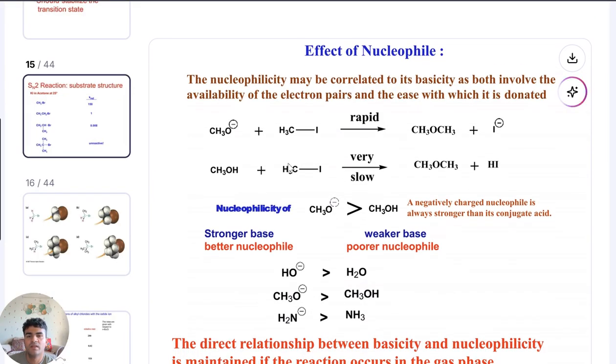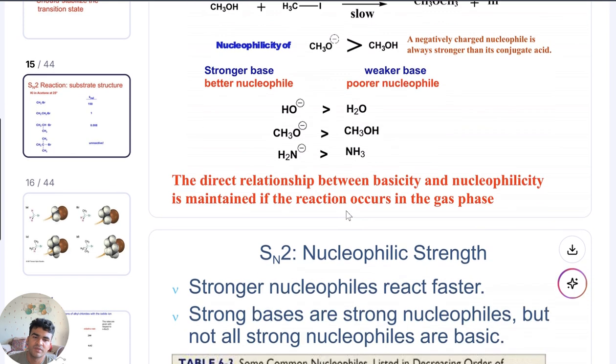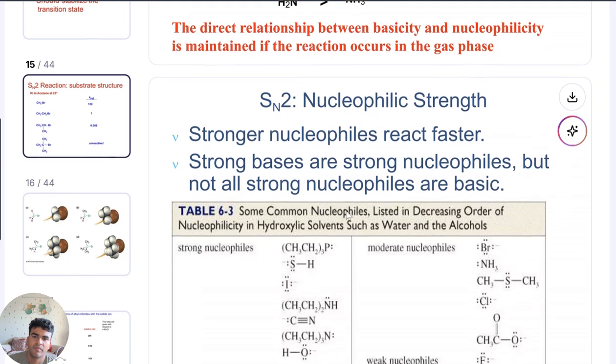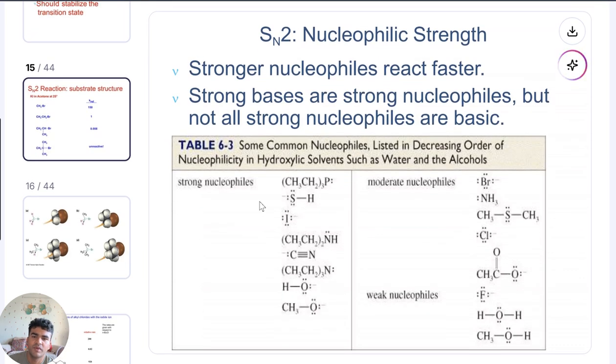Then again, effect of the nucleophile. With the alkoxide OCH3 group, the reaction will take place rapidly, whereas with methyl alcohol it is very slow, because the nucleophilicity of alkoxide is higher than methyl alcohol. Similarly, the conjugate base will be a stronger nucleophile than its corresponding acid. This is the nucleophilic strength of some nucleophiles.